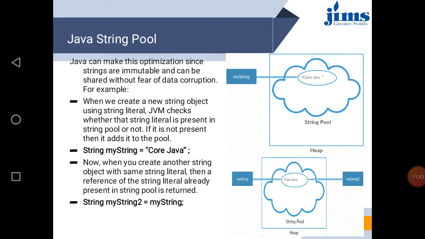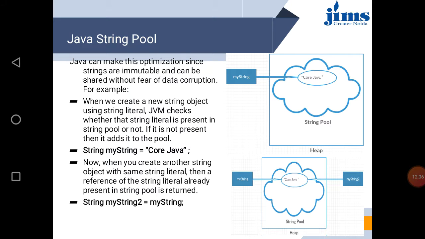Like in this case, suppose there is my string which is a string variable, and that is referring to one object core Java. So in the figure we can see there is string pool and core Java object is referred by my string.